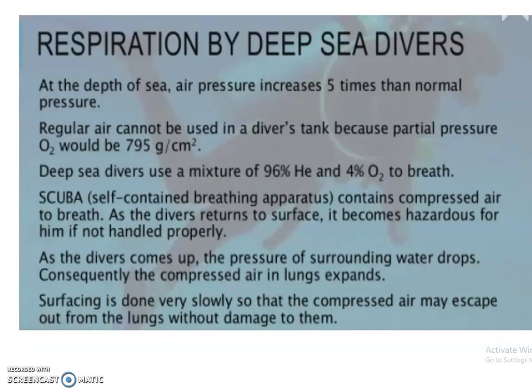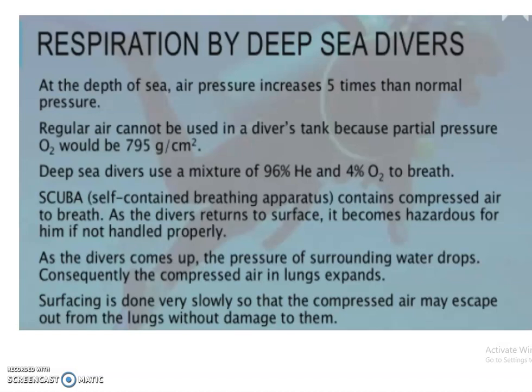Similarly, just as high altitude affects the pressure, deep sea divers are also influenced by pressure, because when someone travels deep inside, we have already seen in Boyle's law that the pressure increases many times. Scuba is a kind of diving in which the diver takes breathing apparatus with him.